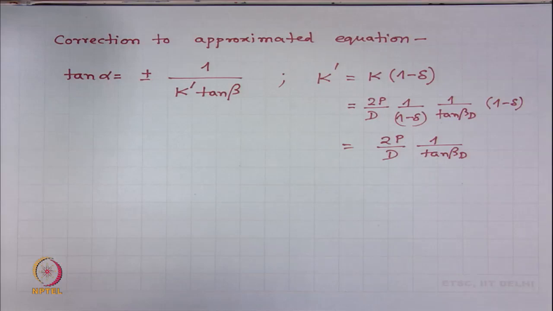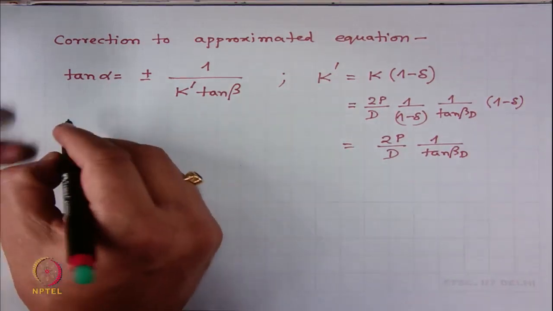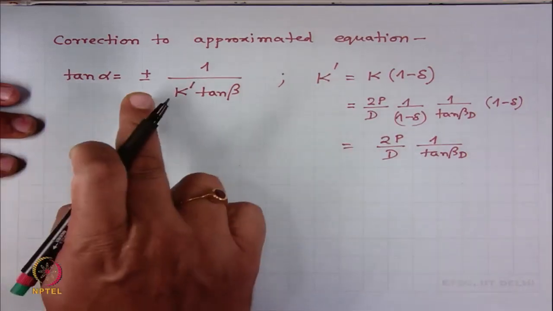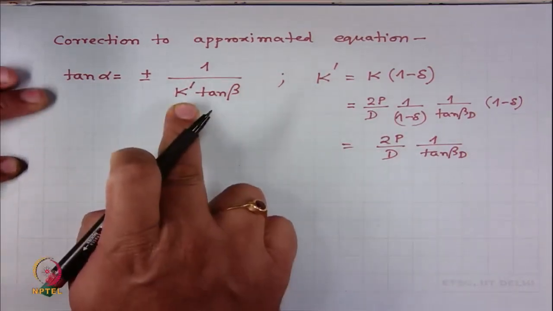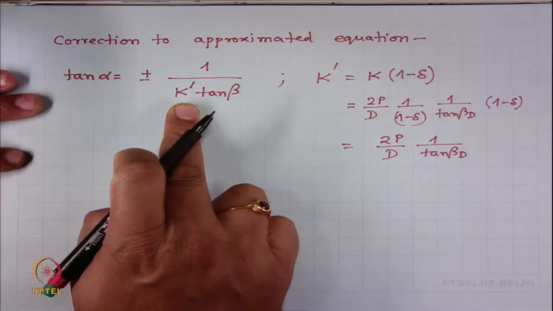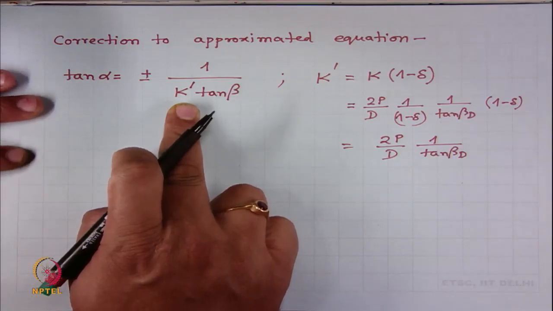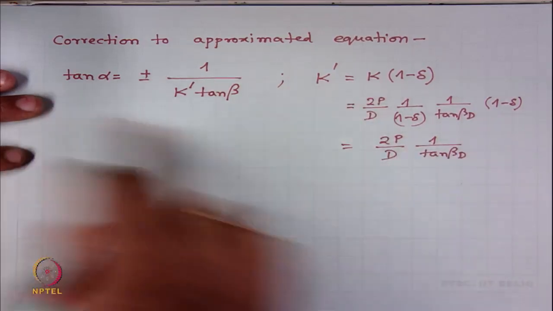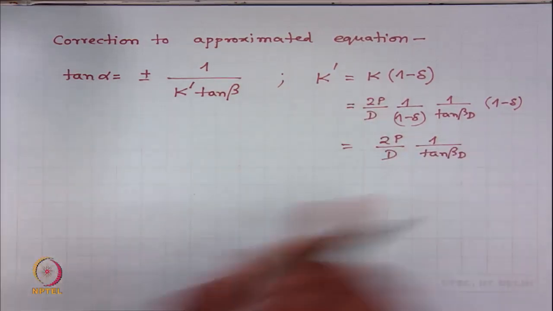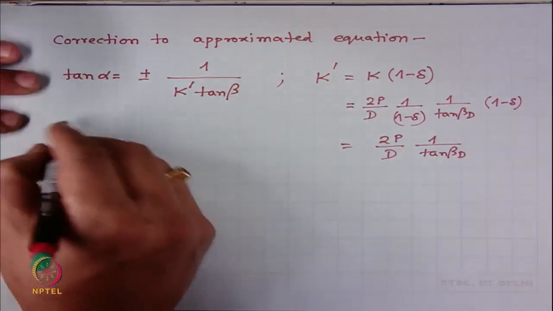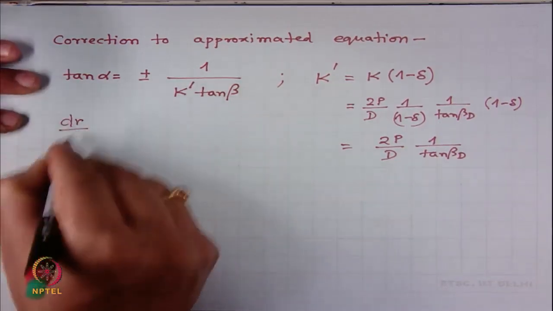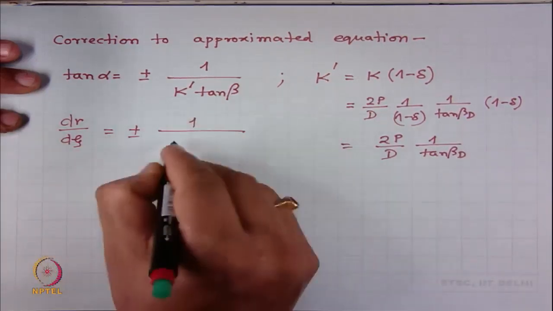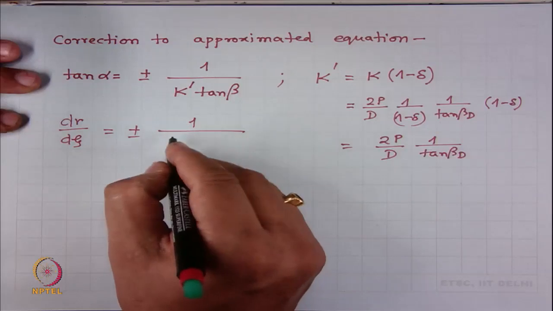Right. So, then what will be your tangent alpha? By using this we are able to solve, which is now defined at this p and this when r is equal to d by 2. So, zeta, let us say zeta value. So, dr by d zeta is equal to plus minus 1 by k times, we have to write it.